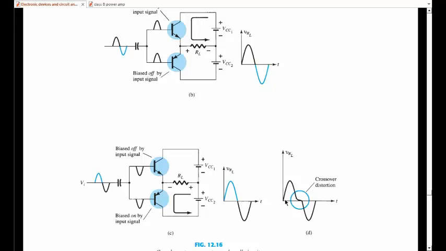So for a band of 1.4 volts, there would not be any output voltage. The output voltage would remain at 0. So the signal would be distorted; you will not get a pure sine wave at the output. This distortion is called crossover distortion.